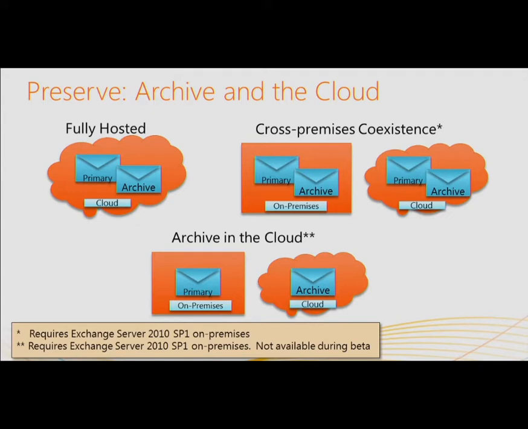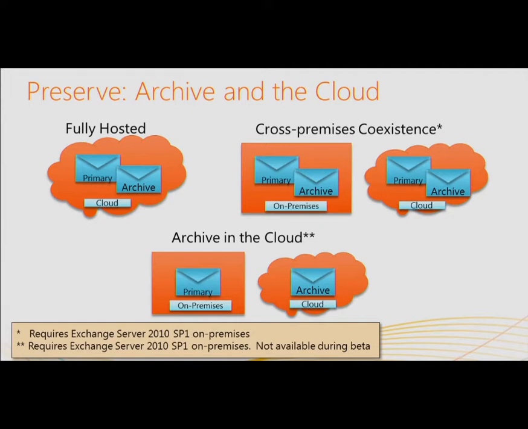Now this is supported, but the customer needs to deploy Exchange 2010 Service Pack 1 on-premise, and the mailbox basically needs to be on Exchange 2010 to be able to connect to the cloud or to have the archive functionality.